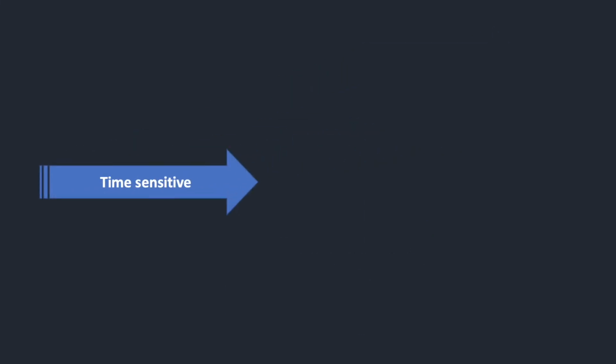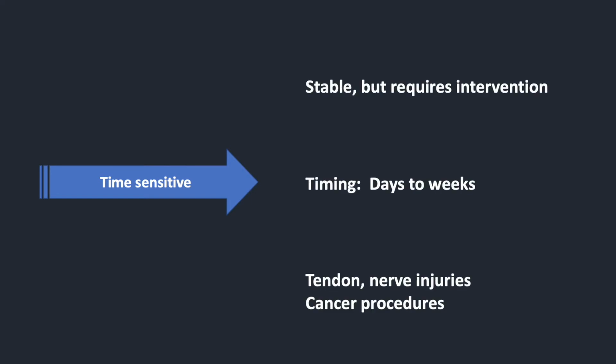For time-sensitive procedures, these are like stable but requires intervention. Timing is not 1 year, but only days to weeks. Examples of which are tendon and nerve injuries, and cancer procedures.